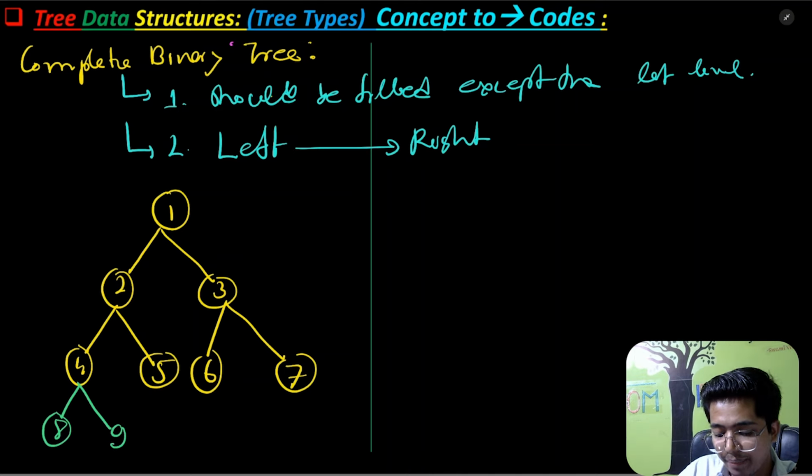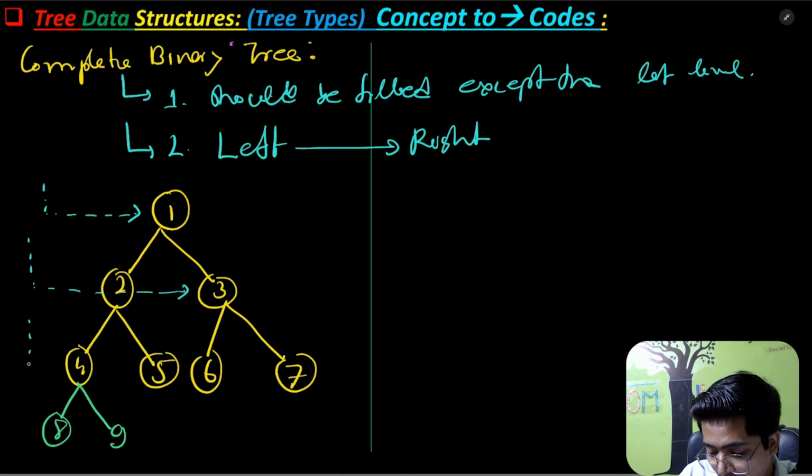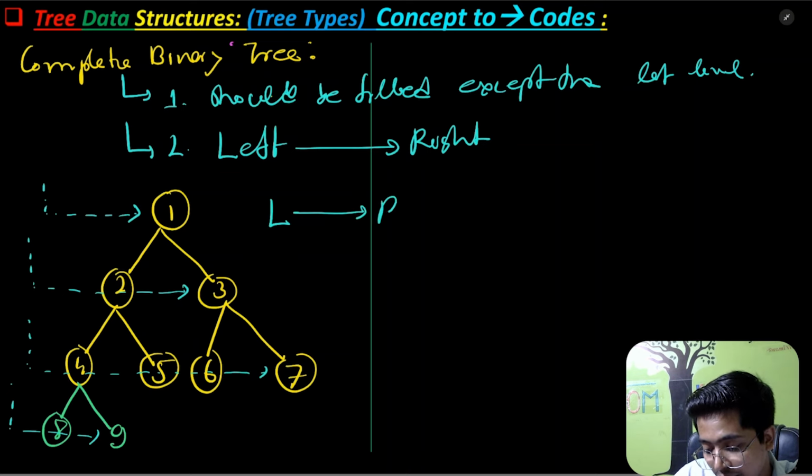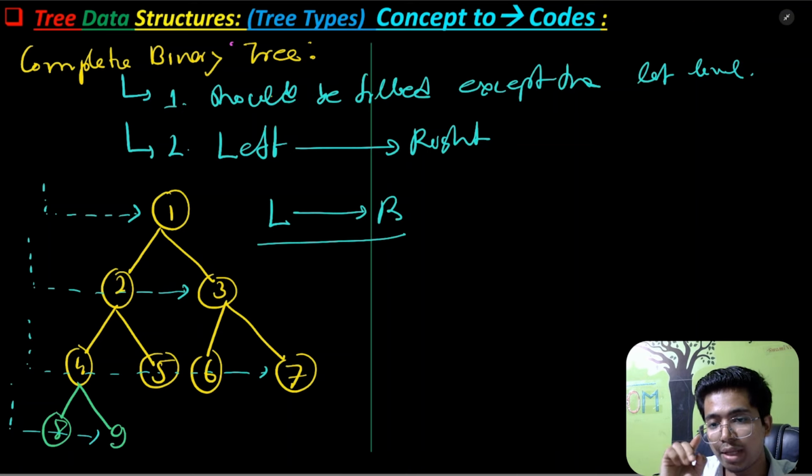Notice the insertion order. First we inserted element 1. Then from left to right we inserted 2, then 3. Then from left to right we inserted 4, 5, 6, 7. And then 8 and 9. So every time, the insertion order was the same, left to right. That was the strict insertion order.